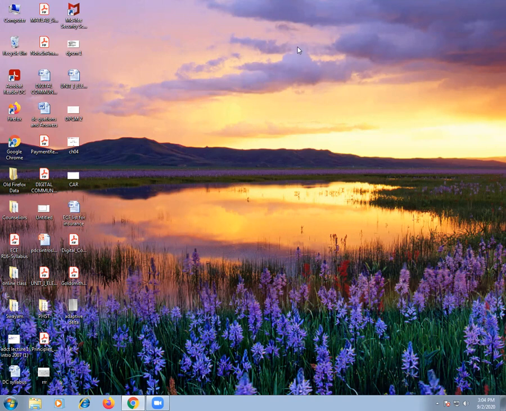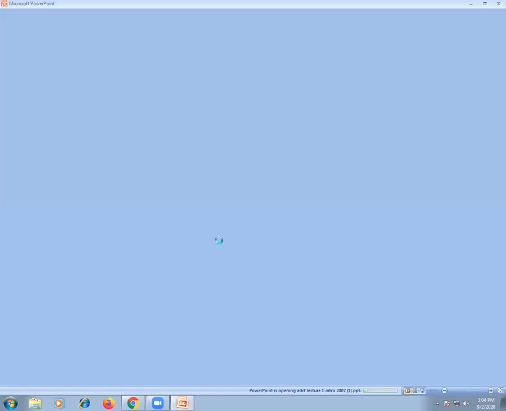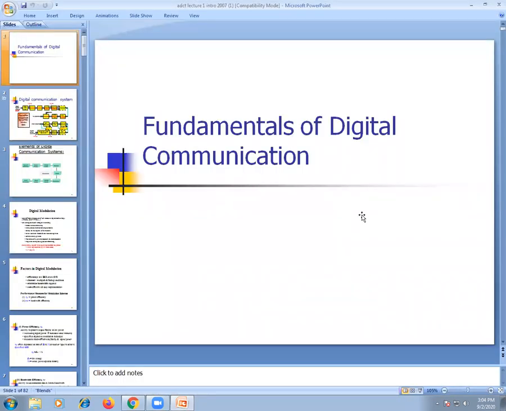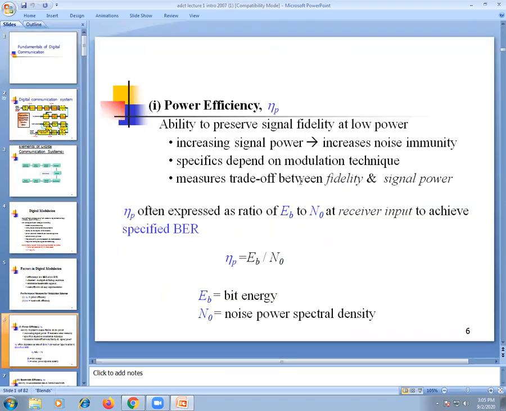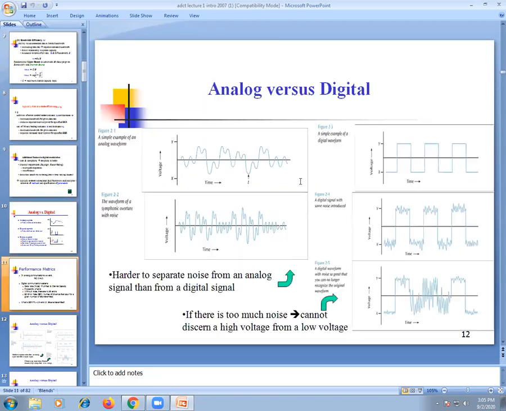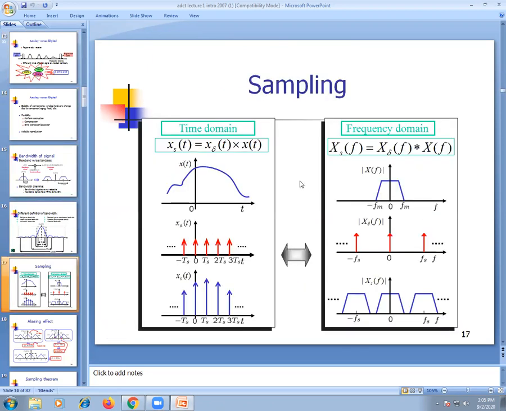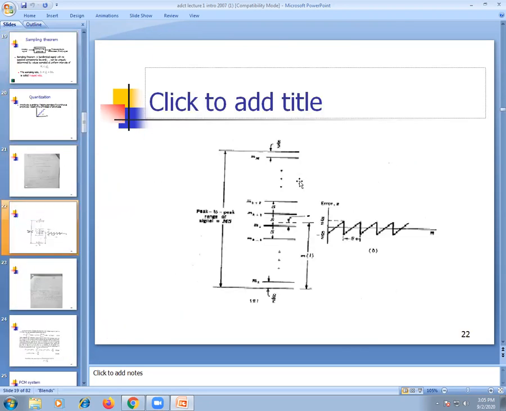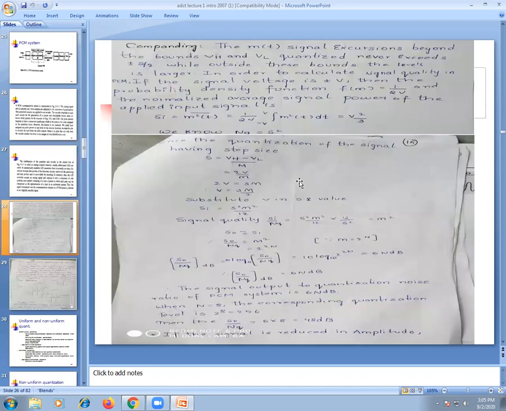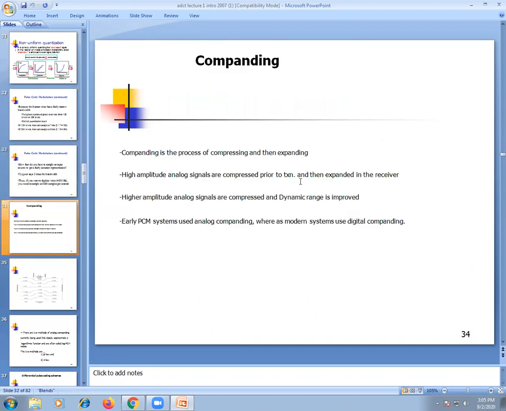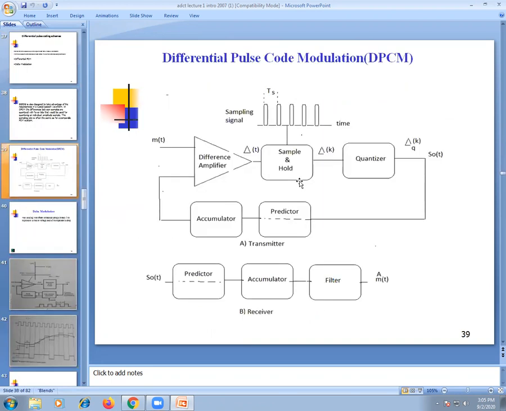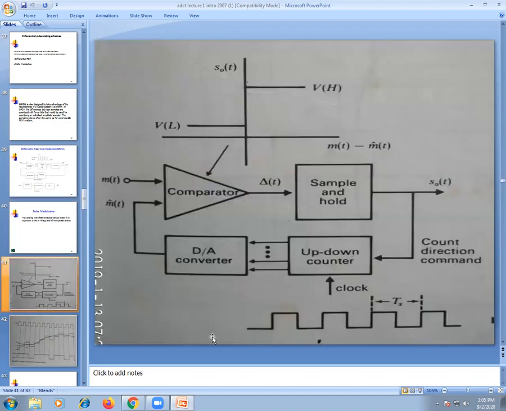Here there is a block diagram. The D to A converter output is given to the comparator again.